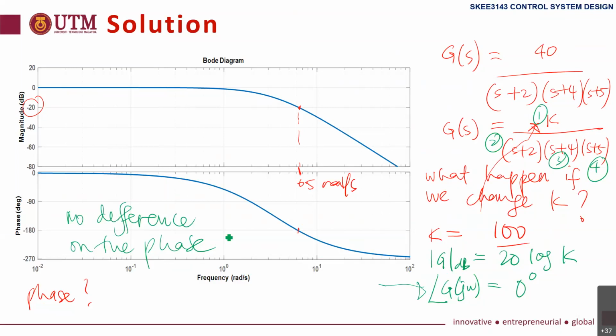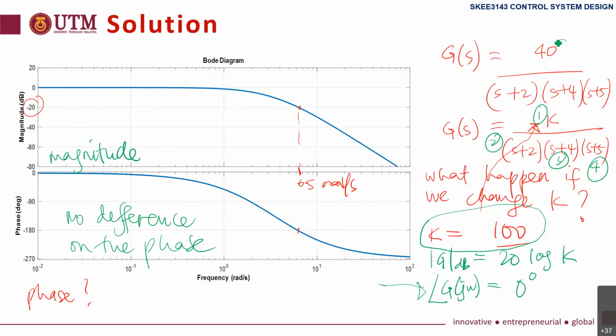Now we want to see what happens to the magnitude. If I use a larger K, for example K equal to 100, it will be 20 log 100, which is 40 dB.